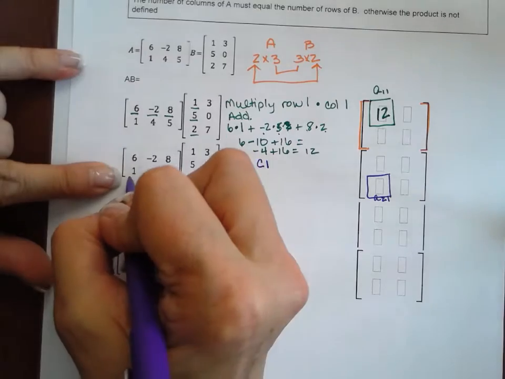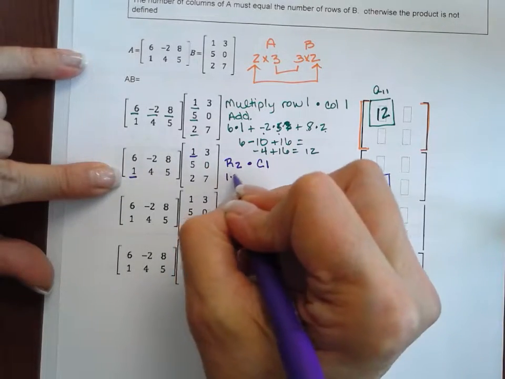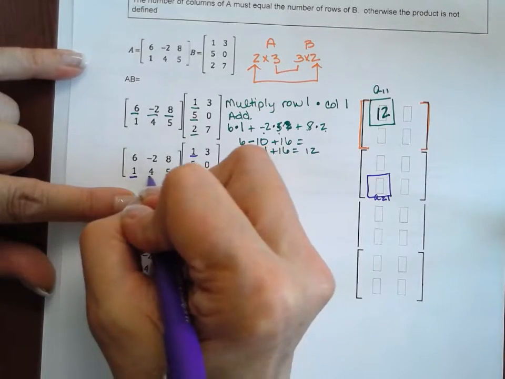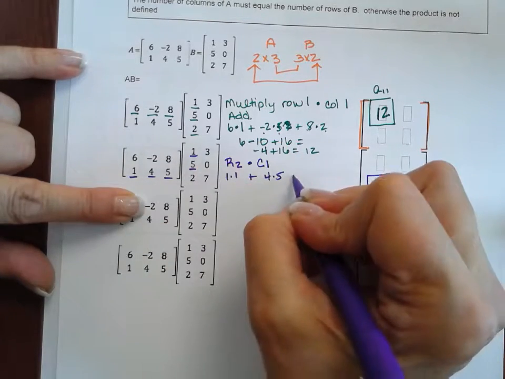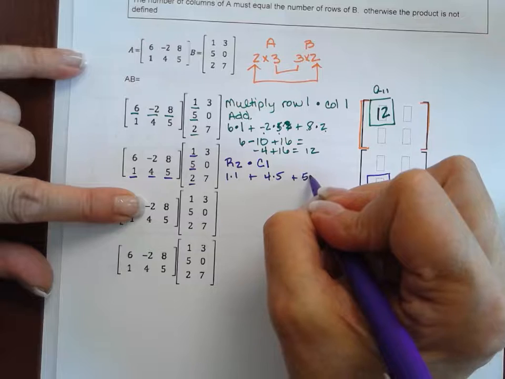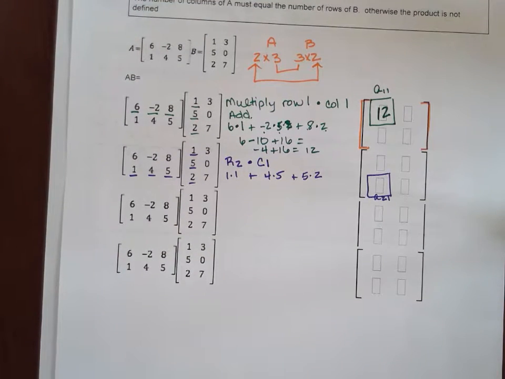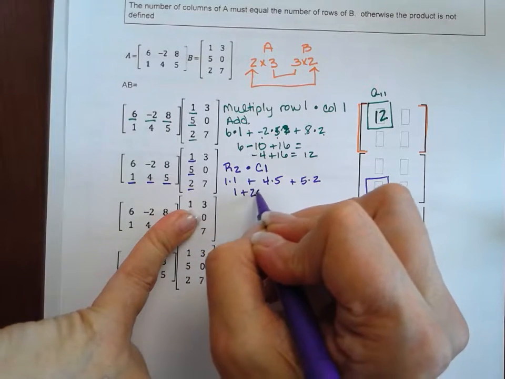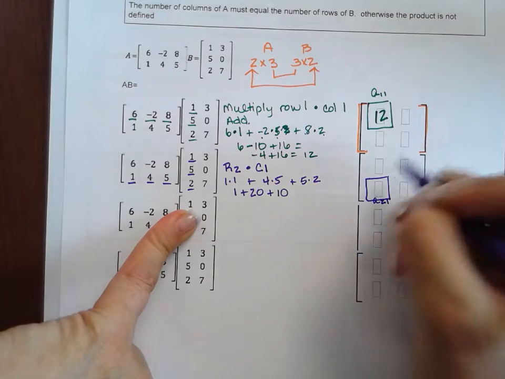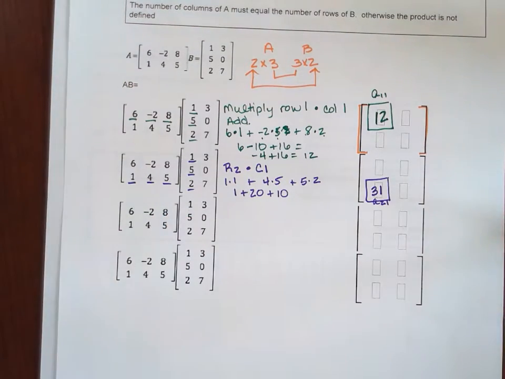So I have 1 times 1 plus 4 times 5 plus 5 times 2. Does this make sense? And so I have 1 plus 20 plus 10, and so that position's 31.